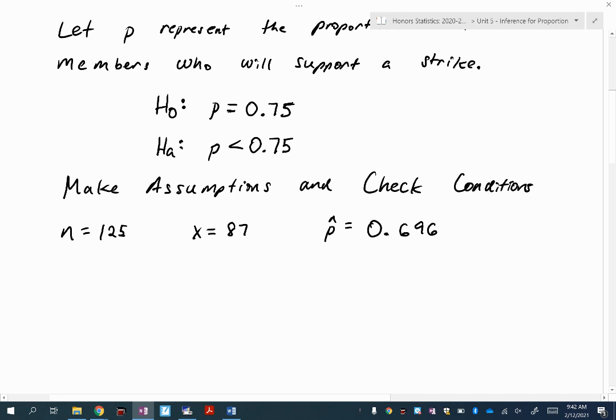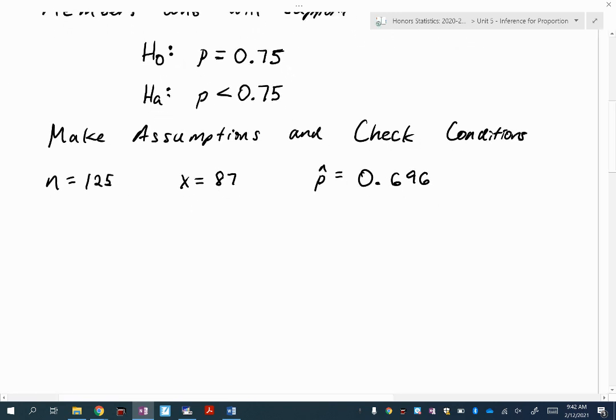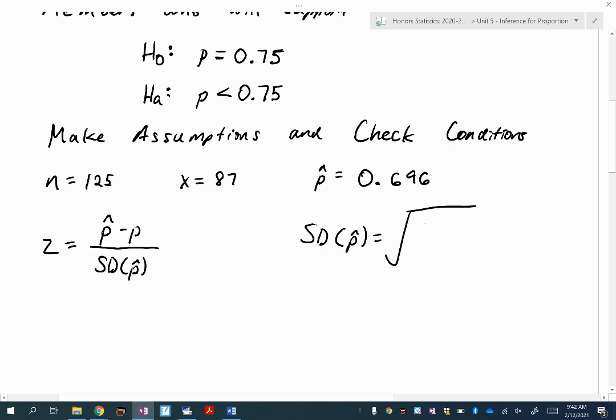Now, in terms of the actual test statistic that we care about, we are using a normal model. This is a one proportion z-test. So I'm going to write z equals p hat minus p over the standard deviation of p hat. That formula is the square root of p times q over n. Again, you don't have to memorize these.